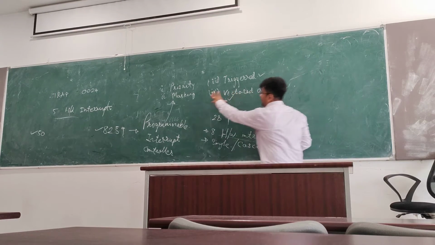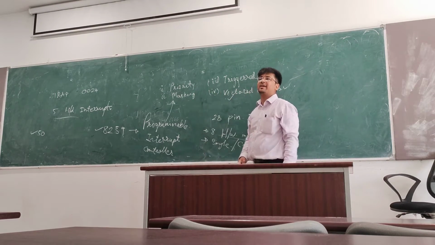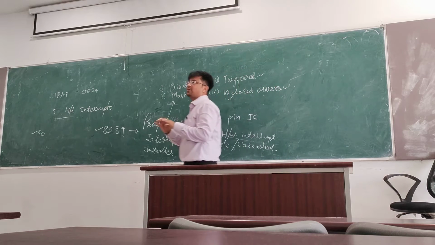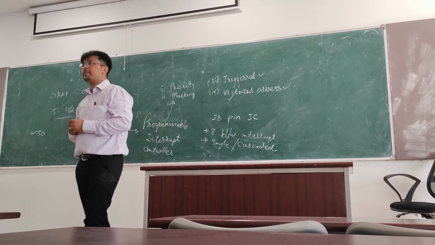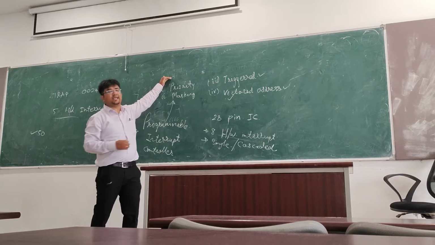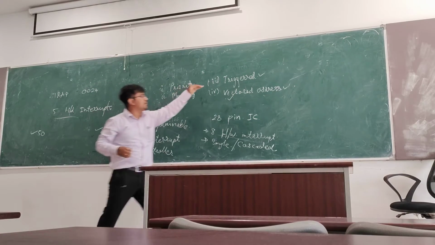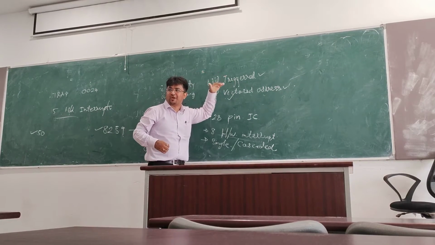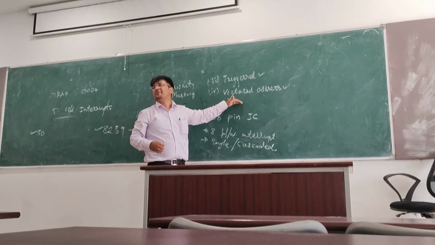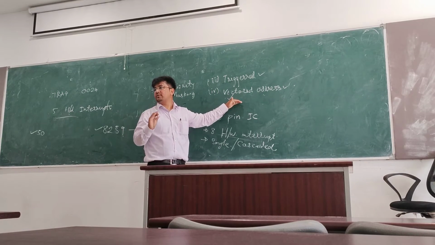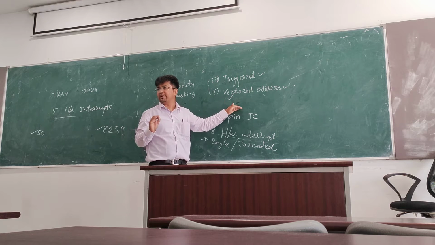So these four features are at the assistance of the programmer. The programmer can set priority, masking, triggering, and vector addresses of each interrupt. Is it okay? Any issues here? Anyone in here?